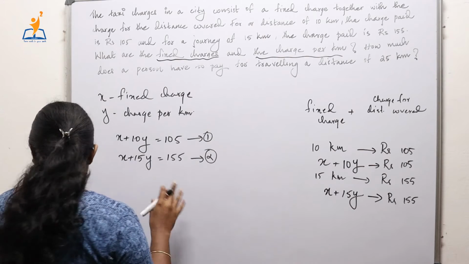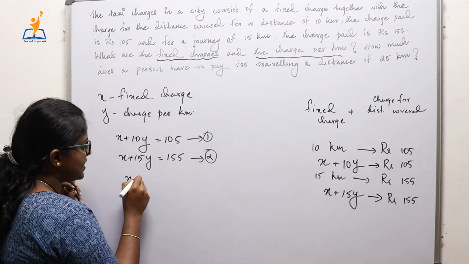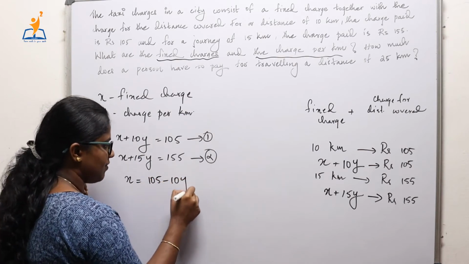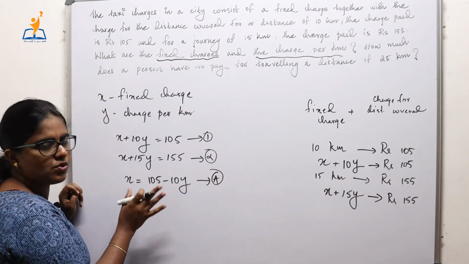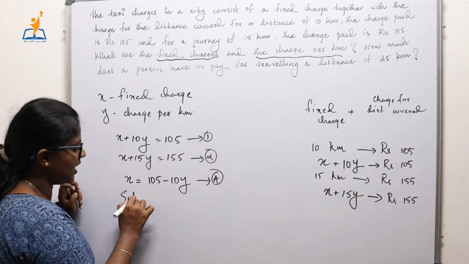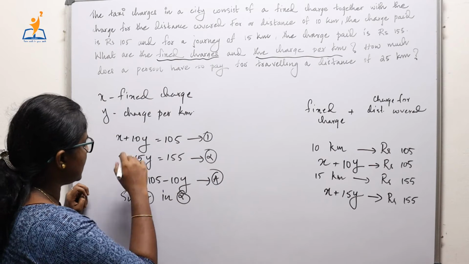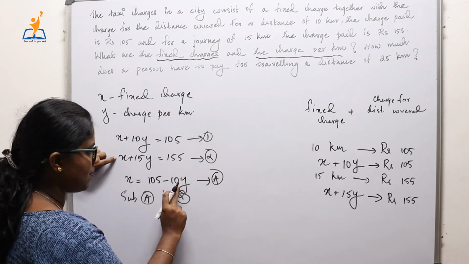Moving on, we have to find x from equation 1, that is x is equal to 105 minus 10y. This is our equation number A. Now we are going to substitute this value of x in equation number 2. Substituting A, x is nothing but 105 minus 10y.